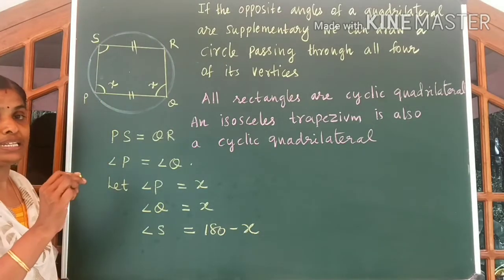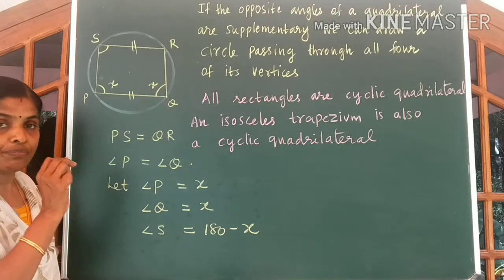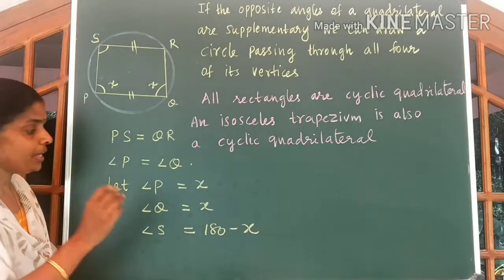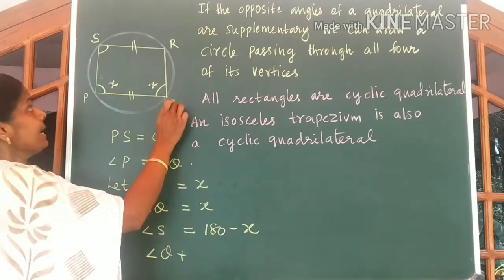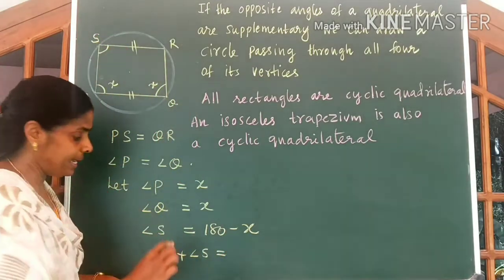Now let us add the sum of opposite angles of this quadrilateral PQRS. If you add angle Q plus angle S, what do you get?